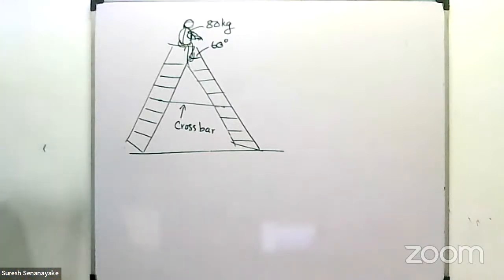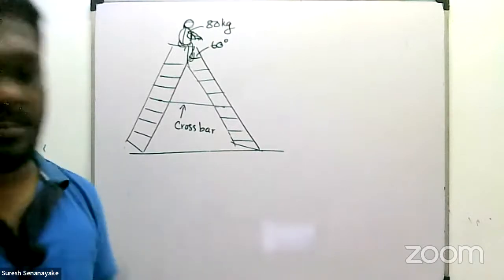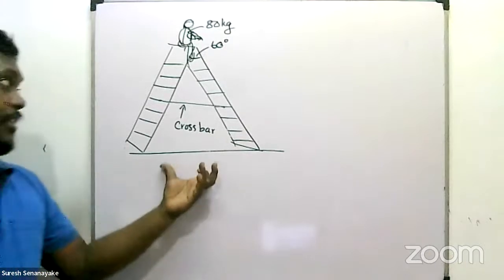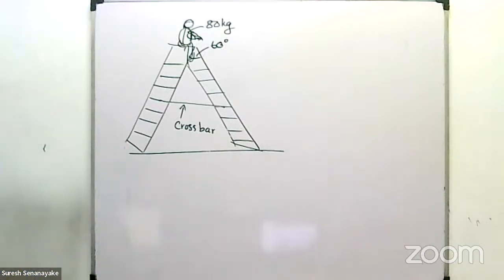Try to do it, it's not a difficult one. You can see here it is practical, you have only seen this kind of ladder. You do it, I will come in 1 minute.